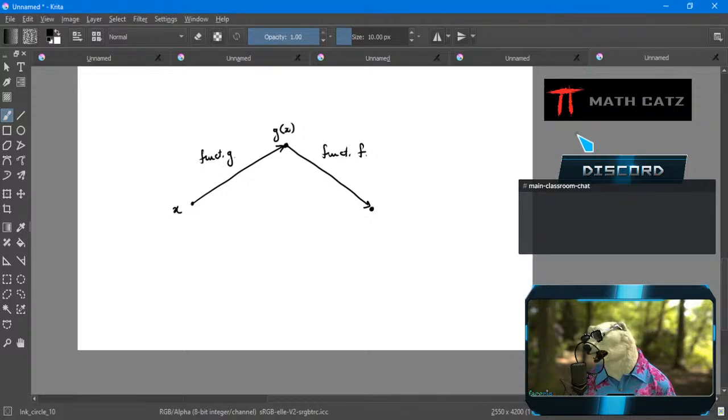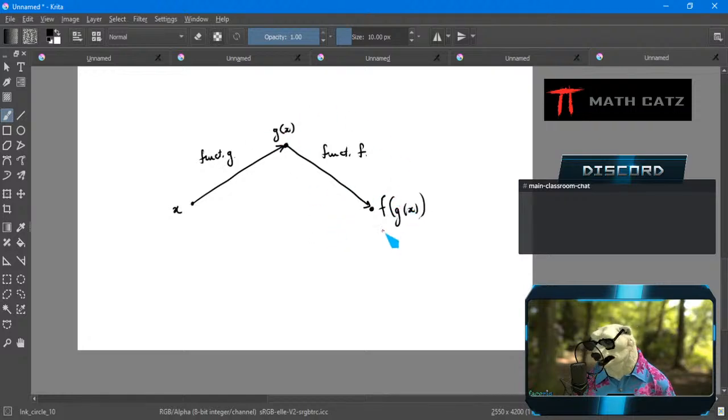Okay. So I'm now going to apply another function to the output I got after the first step. Therefore, my new input is this g of x. So my output is f of g of x. You see how it's a function of another function.